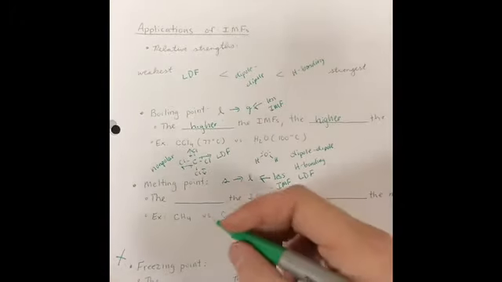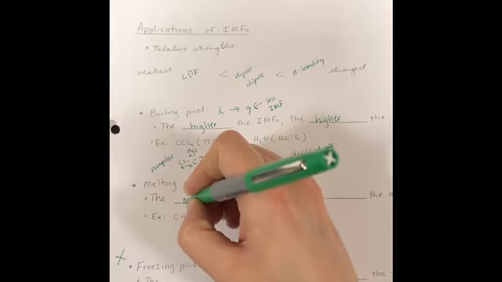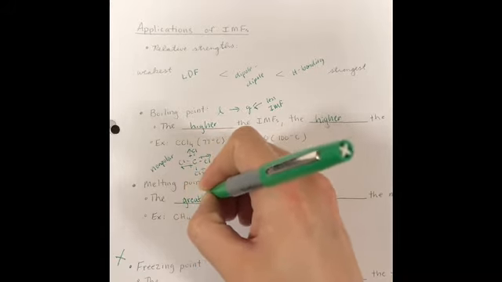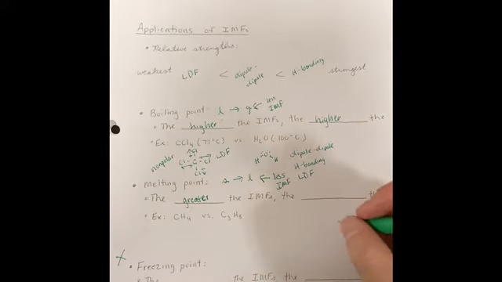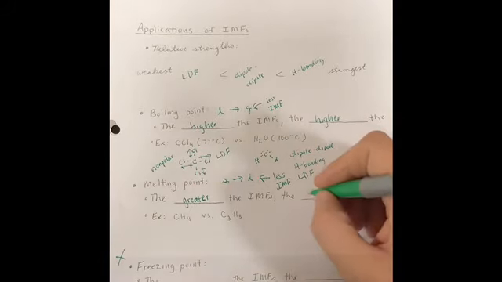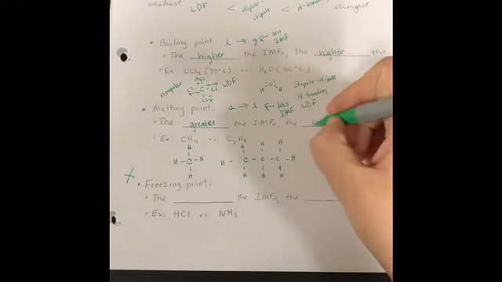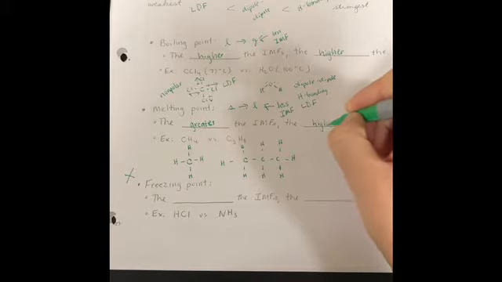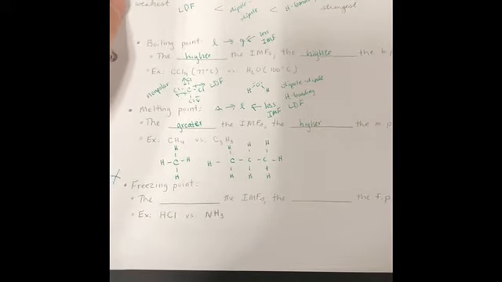As a result, the greater the intermolecular forces, the higher the melting point. Since the molecules are already very attracted to each other, we have to supply more energy to break them apart and melt them.